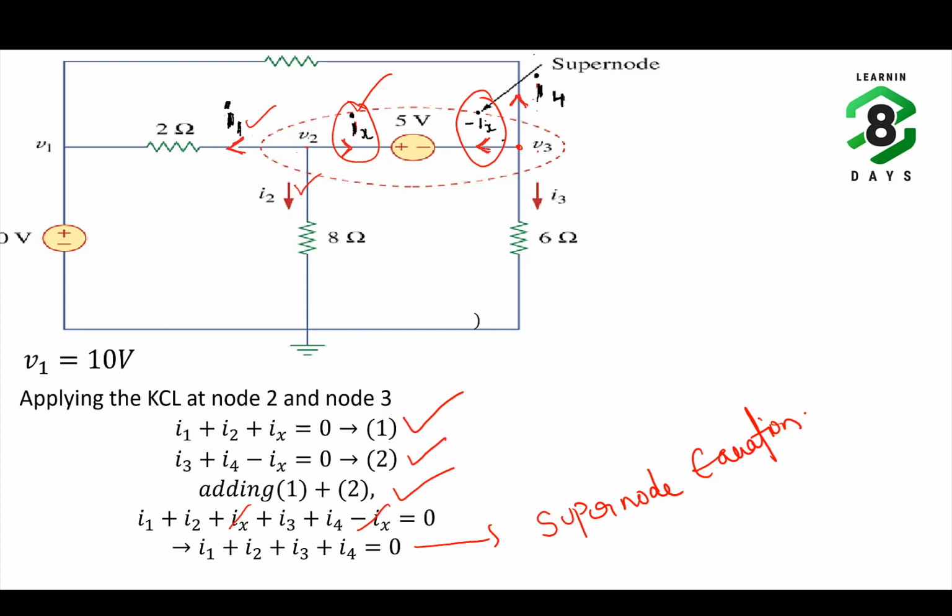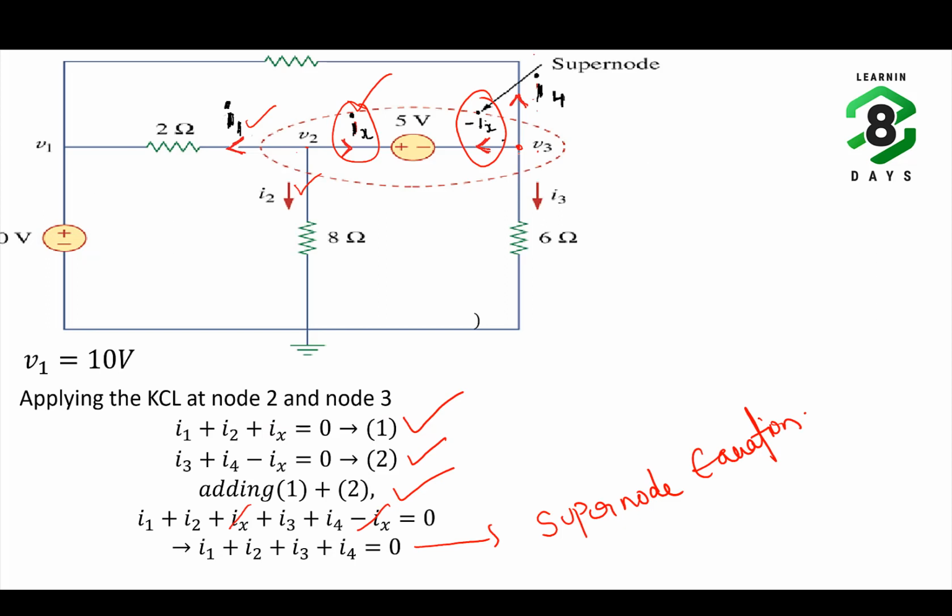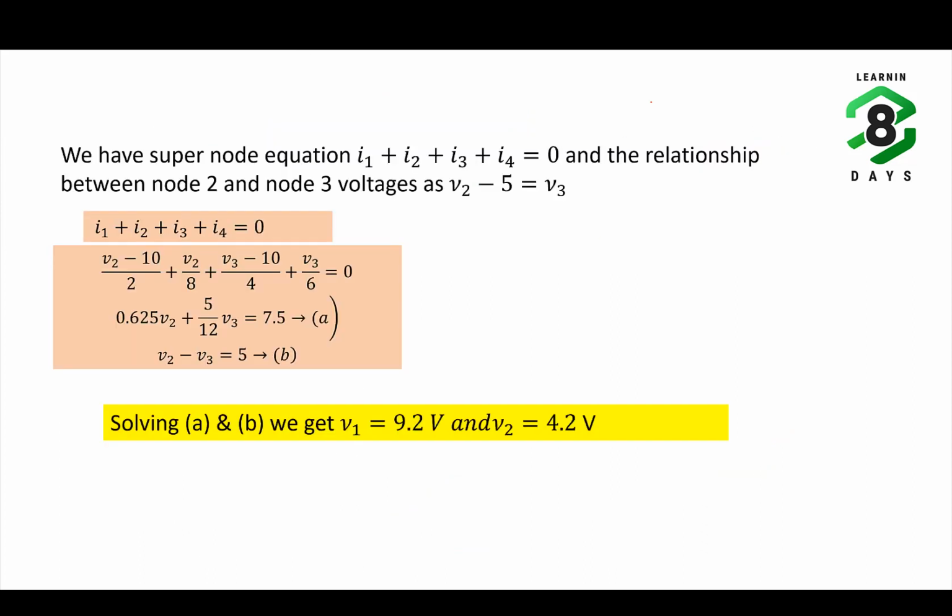V2 is at higher potential than V3, that is, the voltage at V2 is 5 volts greater than V3. We can write this relationship as V2 minus 5 equals V3. This is one more relationship that will help in solving this equation.